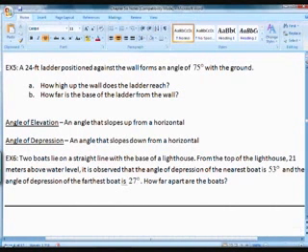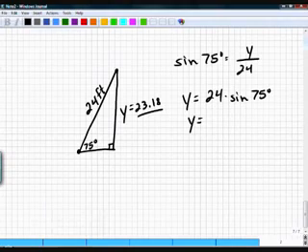The next part of the problem asks, how far out is the ladder? So looking for x now, sine, cosine, or tangent? You're given x and 24, that is your adjacent and hypotenuse, so you're going to use cosine.